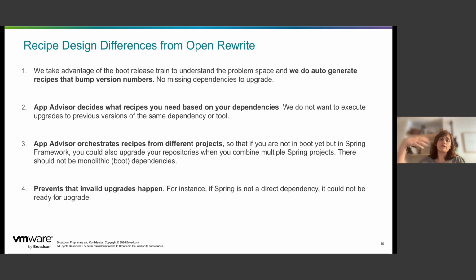So you need to create the recipe that is going to add that governance library, and therefore App Advisor, if the conditions to add that library are met, is going to create that pull request across all those repositories that should start using that library, right?